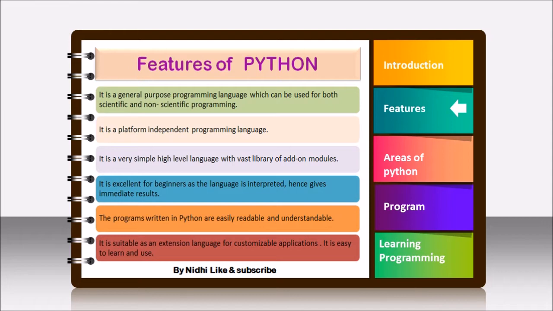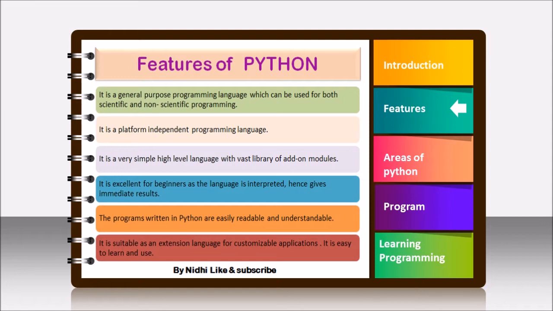So Python is an interpreted language. Programs written in Python are easily readable and understandable. So you can say it is easy to learn, and it is suitable as an extension language for customized applications, and it is easy to learn and use. So these are the basic features of Python.